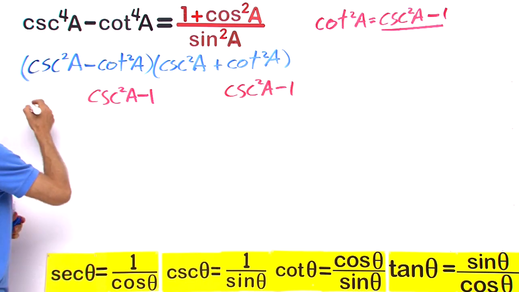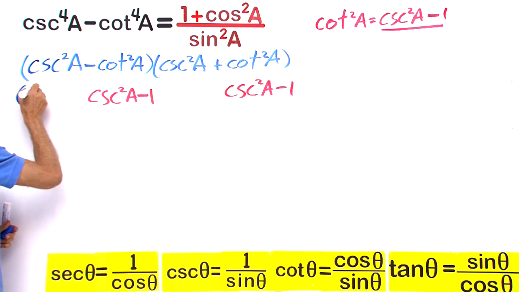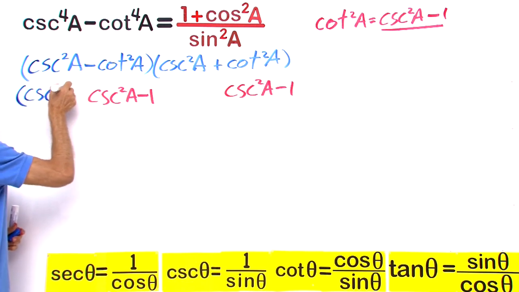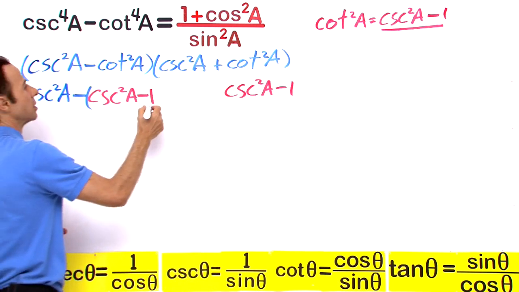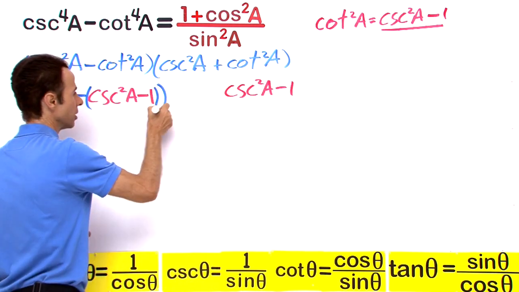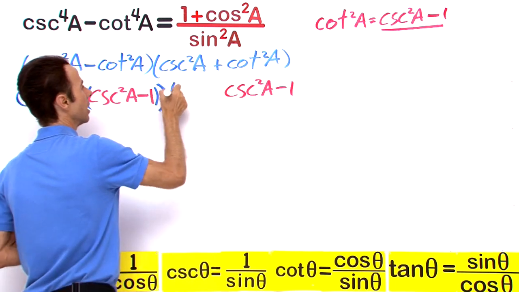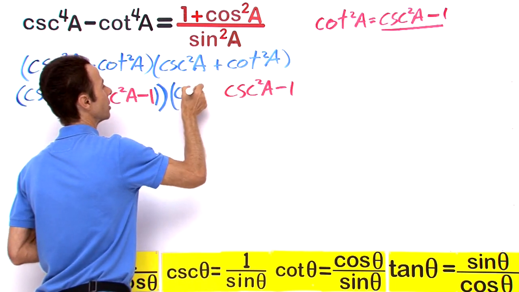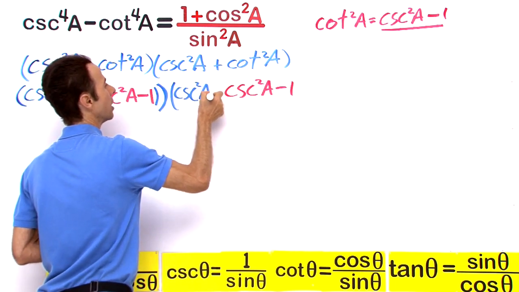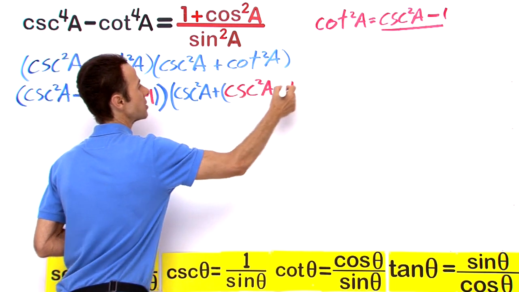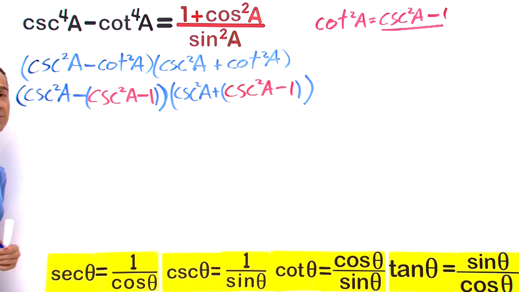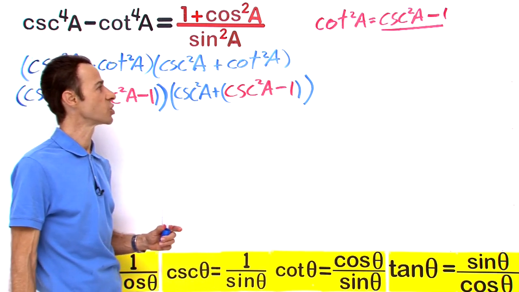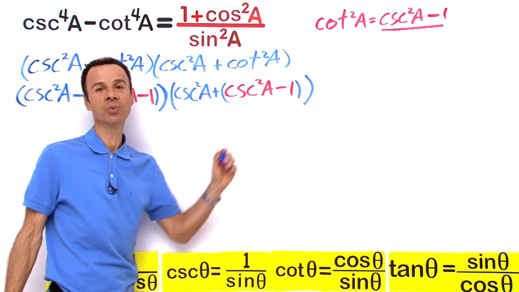So this is going to be here cosecant squared a, take away, let's put that in brackets, and then the main brackets, and then again cosecant squared a plus, let's put brackets there and there, and close the brackets. So we've just replaced cotangent squared a with cosecant squared a minus 1.